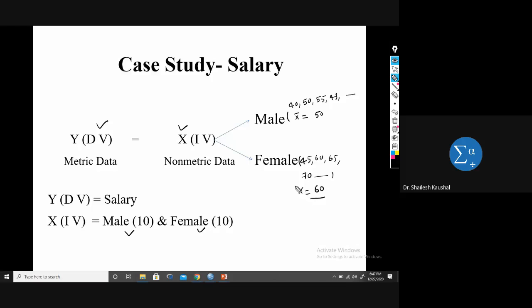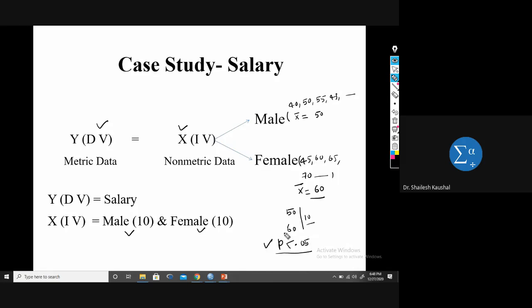When we compare the two means, we always find a difference, but whether this difference of 10,000 is significant or not, who will tell us? The P value. When we perform the independent t-test in SPSS, we will get the output, and the P value decides whether this difference is significant or not.